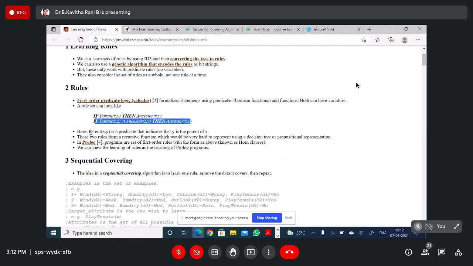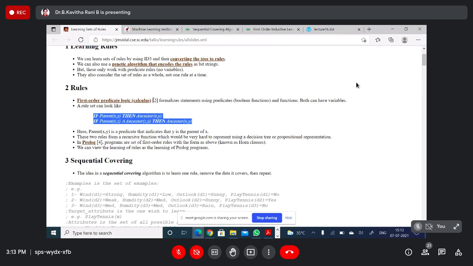Here, parent of x comma y is a predicate, which indicates that y is the parent of x. These two rules form a recursive function. These form a relation between these two.